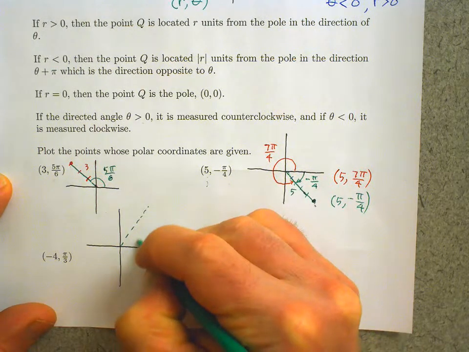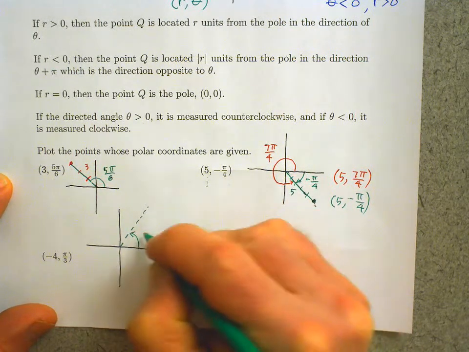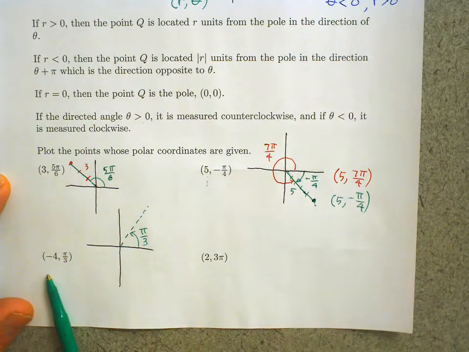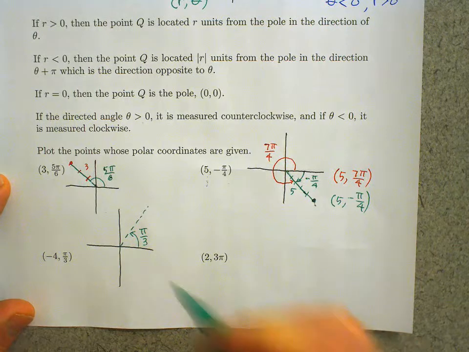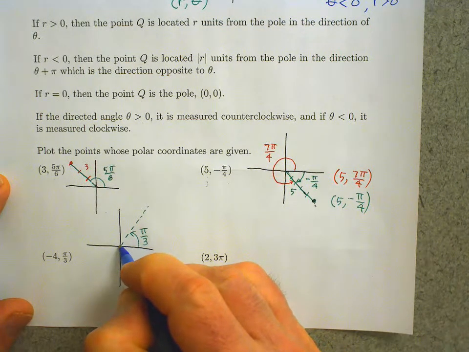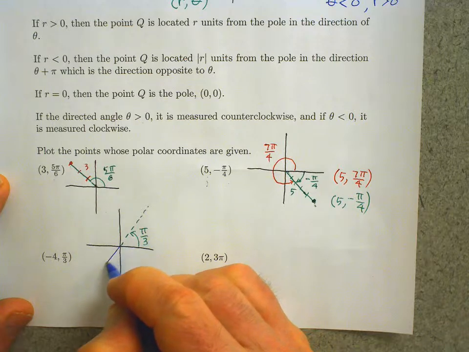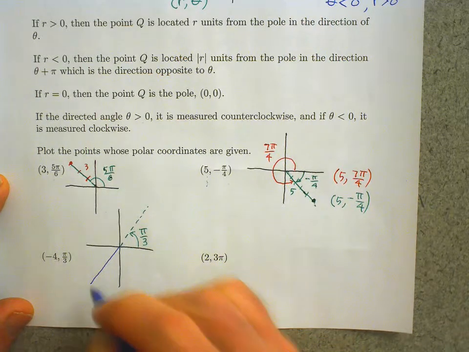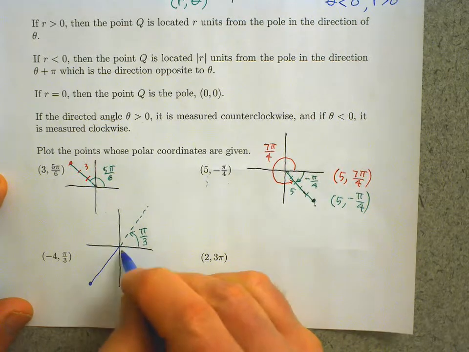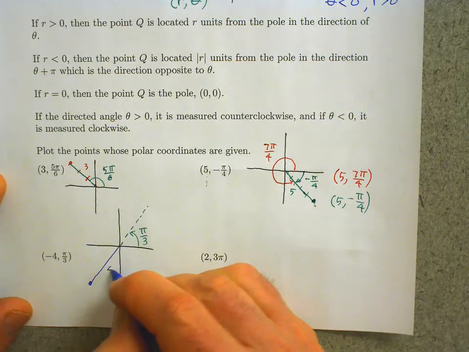So here's our angle, pi over 3. But since the value of r is negative, we move in the opposite direction 4 units until the length of that distance from the origin to that point is 4.